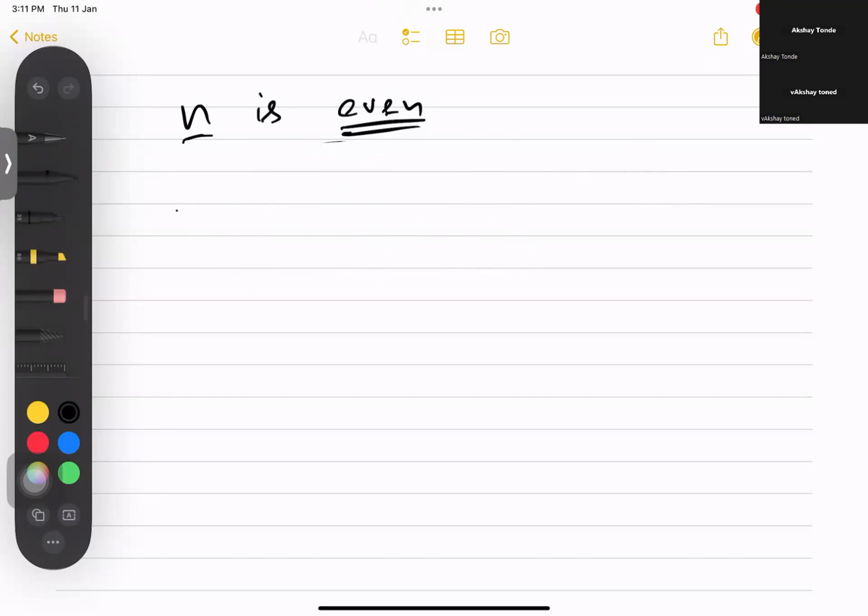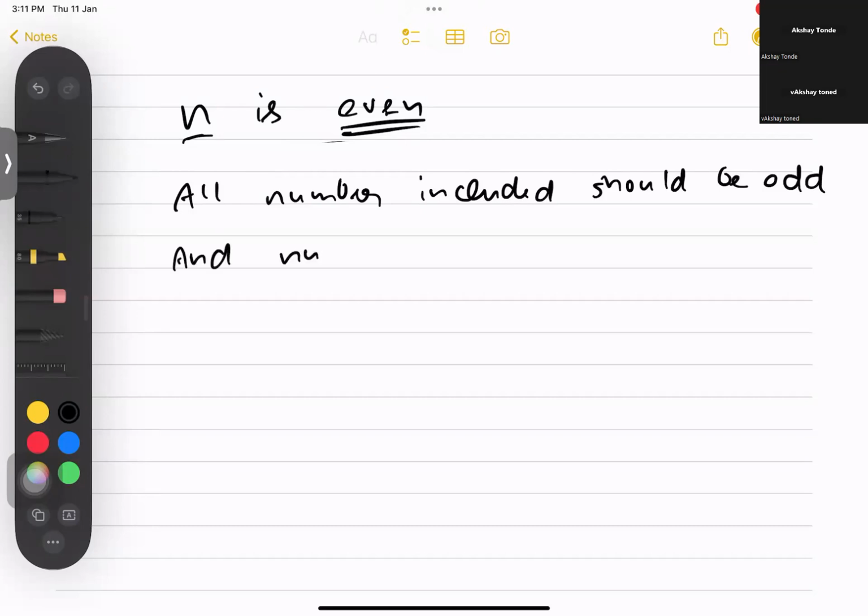Basically, all numbers included should be odd, and the number of values should be even. So for n even, these two conditions should be satisfied.